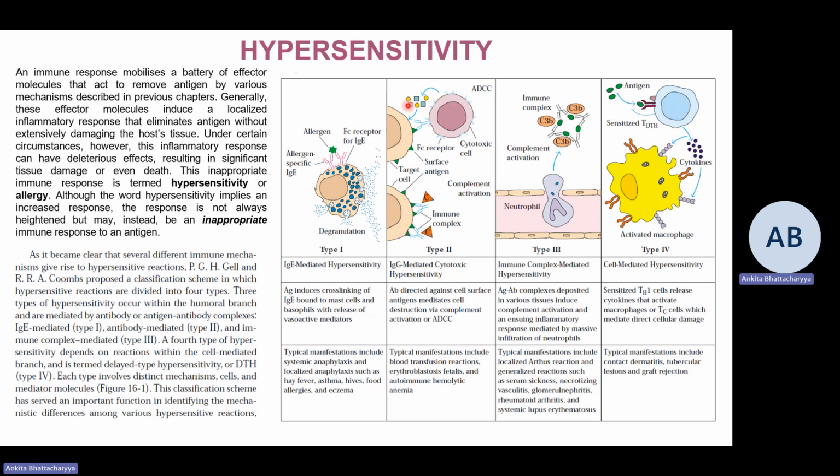And antibody dependent cell cytotoxicity means that the cytotoxic cell will now kill it directly. Alternatively, you have the same target cell with the same surface antigen, and to it, the antigen specific or cognate antibody will bind. And to its Fc region, we have the binding of C1q and activation of the complement system, which will lead to removal of that particular target cell.